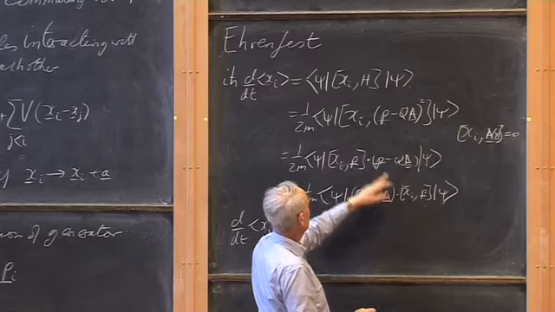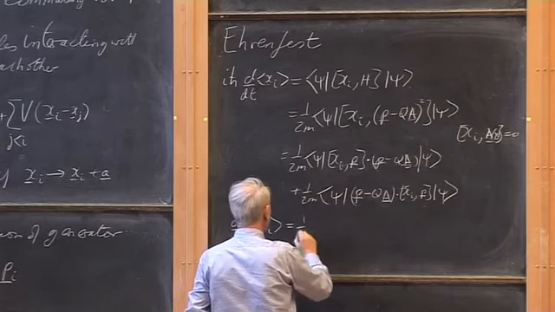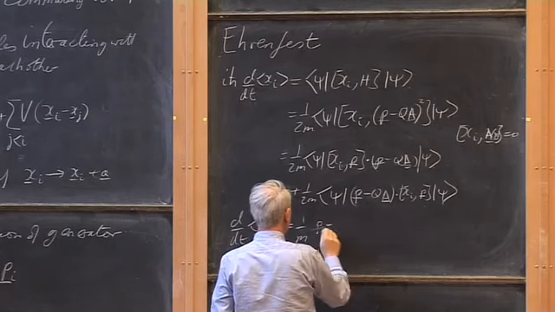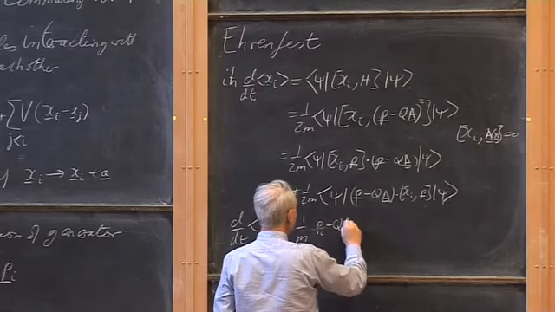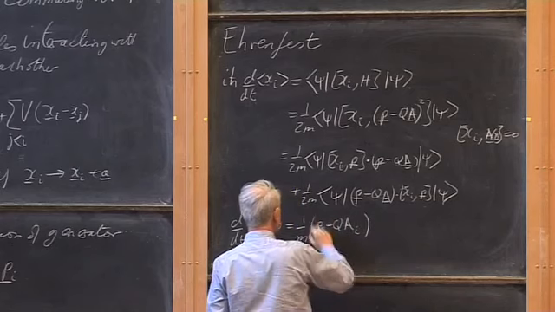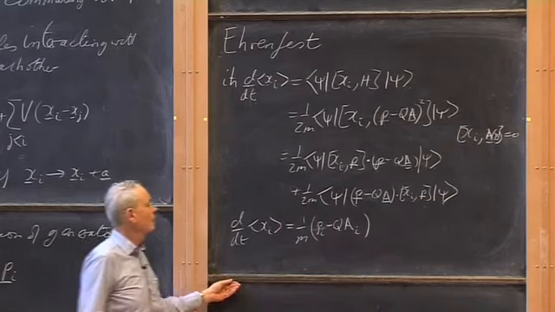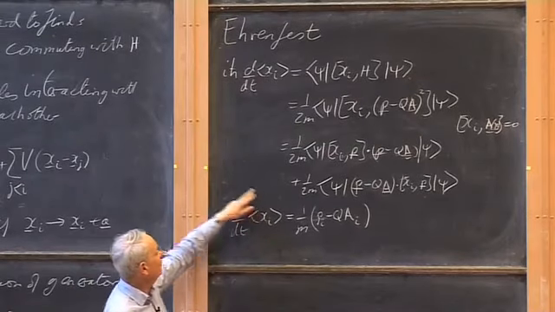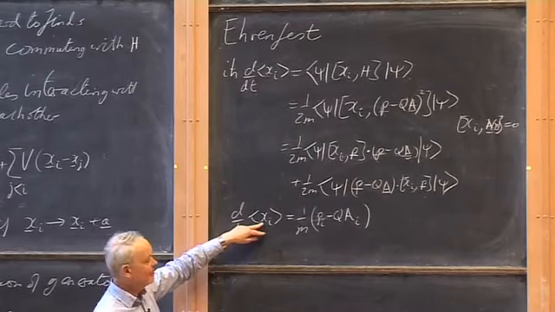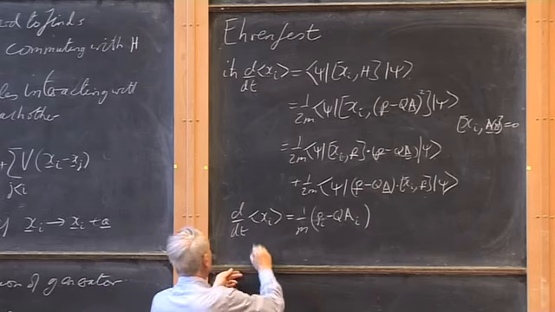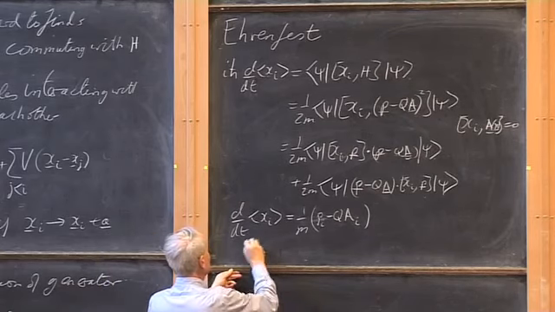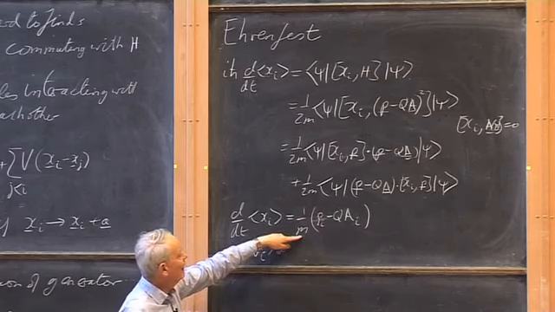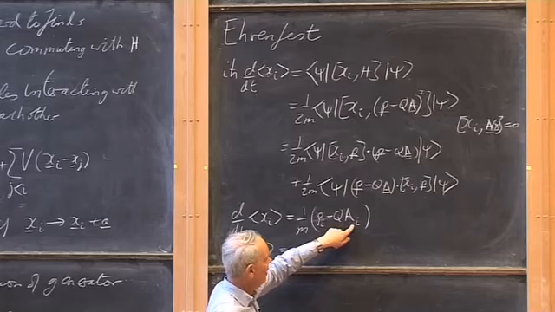This term is going to generate the same as that, so this gives me 1 over m times (p_i minus qA_i). So what this is telling us is that the classical velocity, because the rate of change of the expectation value of the position is what we would call the classical velocity, the expectation value of the velocity if you like, is not equal to the momentum over m. It's equal to the momentum minus qA over m.